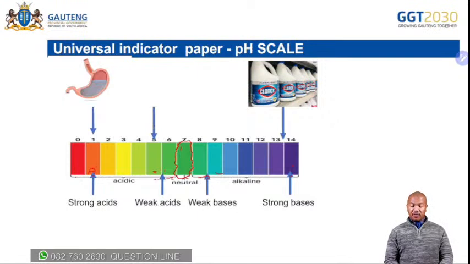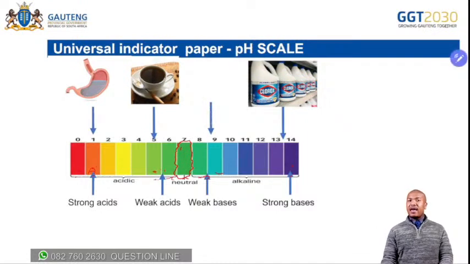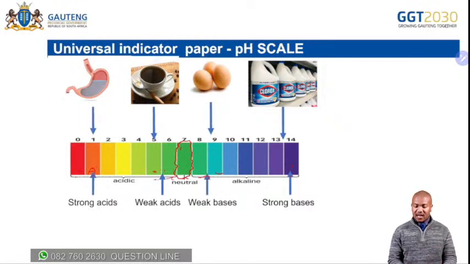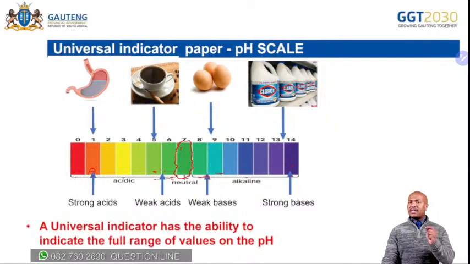You also have weak acids, and an example of that is tea. And for your weak bases, you have eggs. So if you were to test these substances, these are the colors that you would get for each of them. Remember that a universal indicator has the ability to indicate the full range of values on the pH scale by change of colors. So now let's take a minute break. We'll come back after a minute.